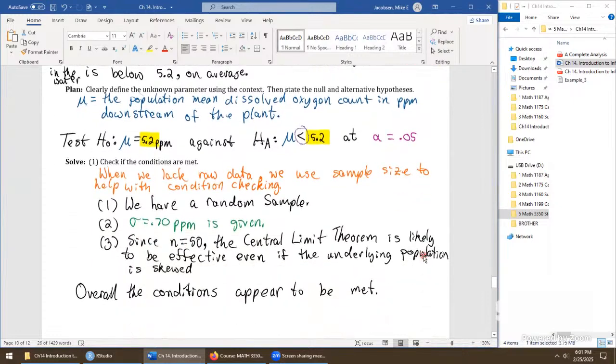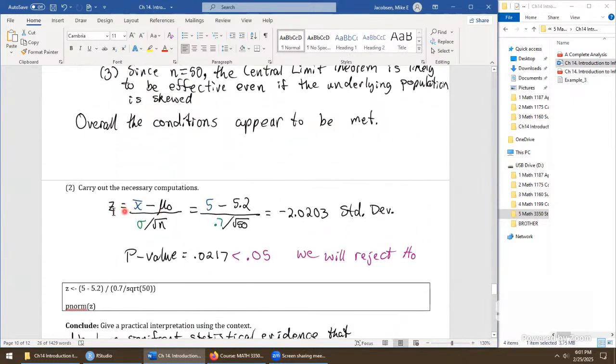Next thing we did was check conditions, run through the formula. This is just an ordinary z-score formula. We took the sample mean, the mean of the population subtracted from it, from the null hypothesis, and we found that the data in X bar has a distance away from the claim in H naught, the mu naught value here, which is 5.2, a distance of over 2 standard deviations.